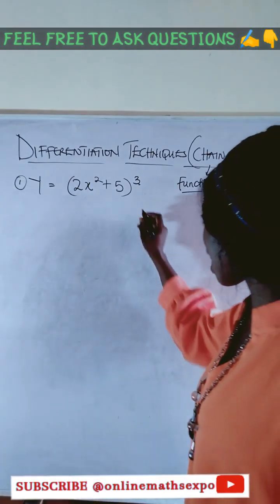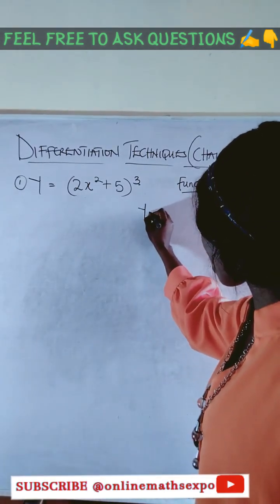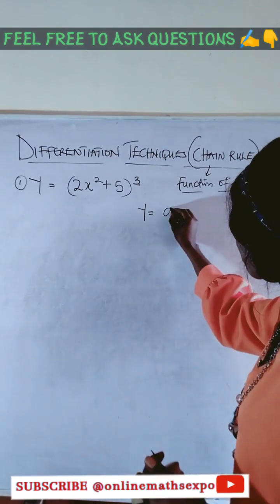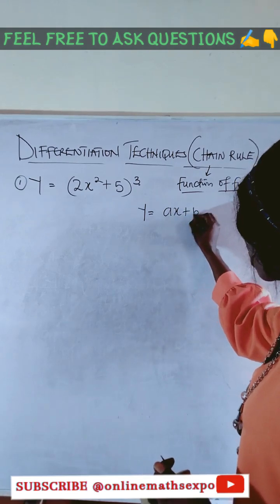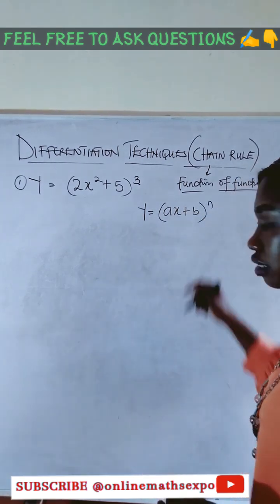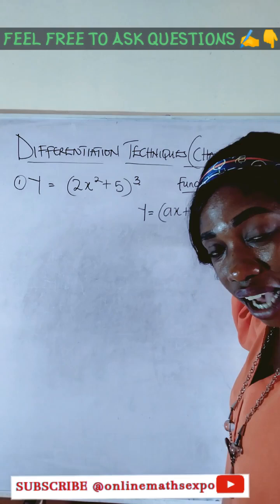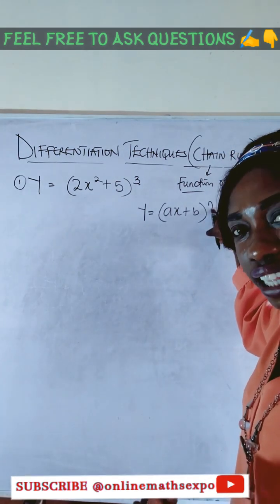The chain rule says that if I have y equal to, let's say, ax plus b all to the power n, where this n can be the power or the exponent or the radical.